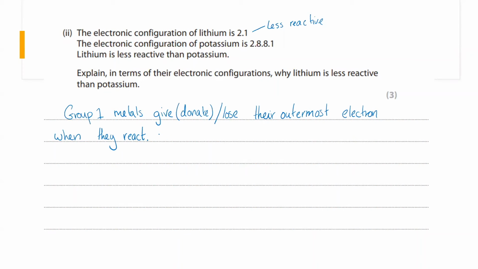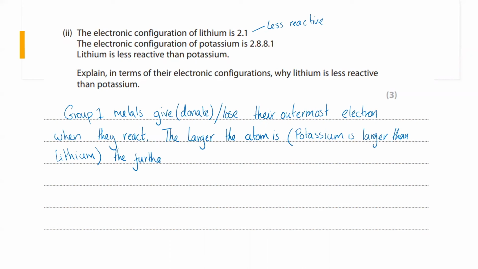So the larger the atom is, and potassium is larger than lithium, the further away the electron is from the nucleus.